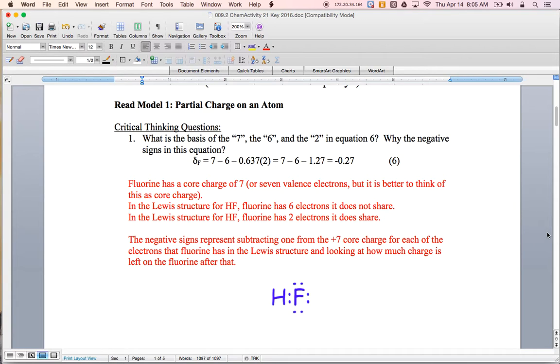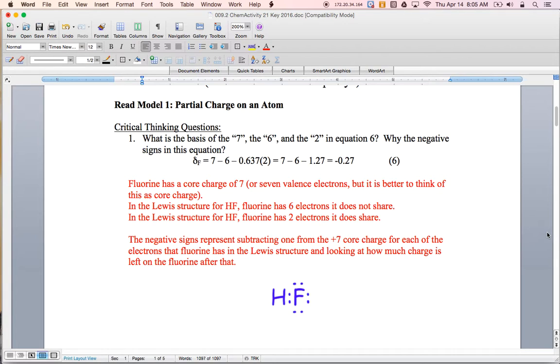Using average valence electron energy, we figure out that the fluorine has those 2 electrons 63.7% of the time, so it gets credit for 63.7% of 2 electrons, or an additional -1.27 charge. When you take the positive 7 core charge and subtract the 6 for the electrons that fluorine has to itself, and subtract the 1.27 that fluorine shares, you come up with an overall charge of -0.27.